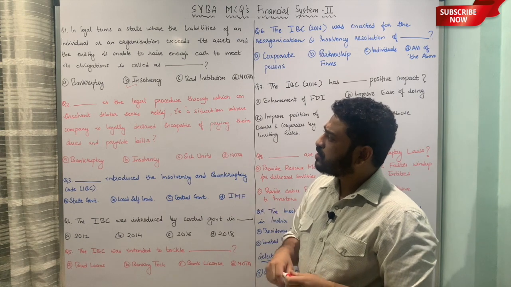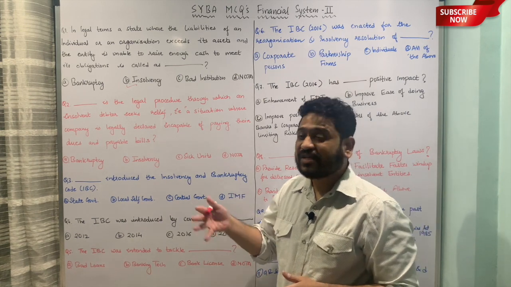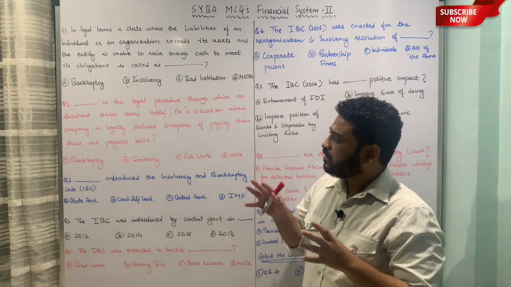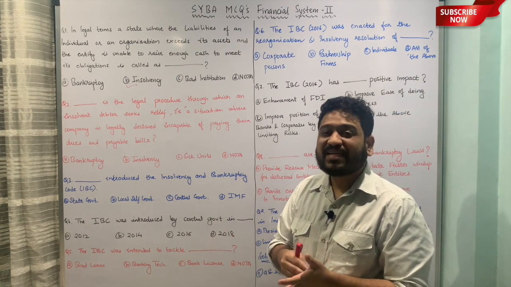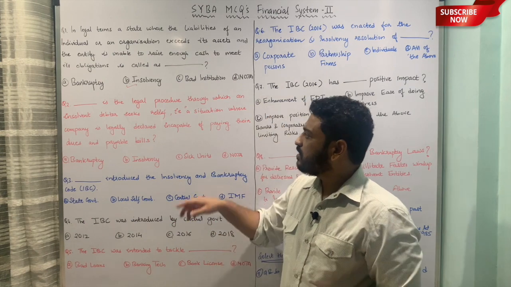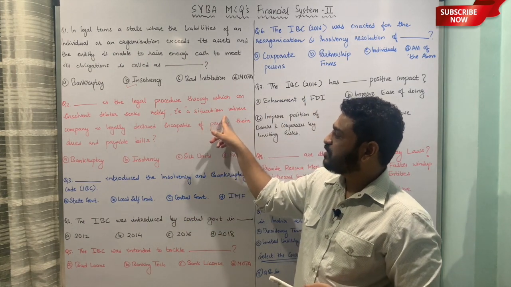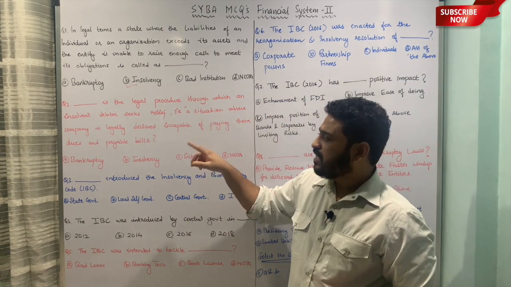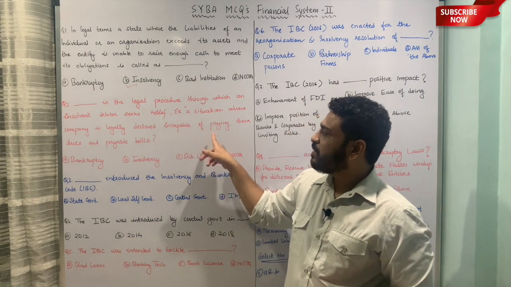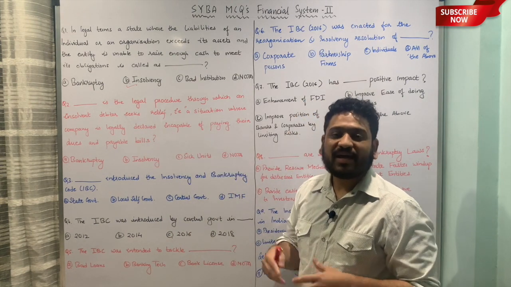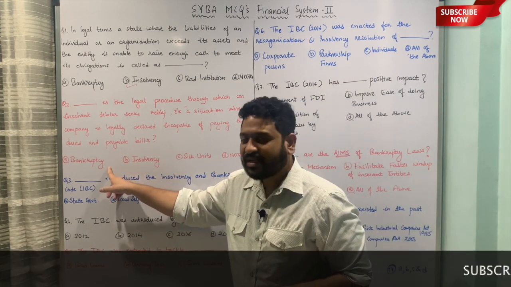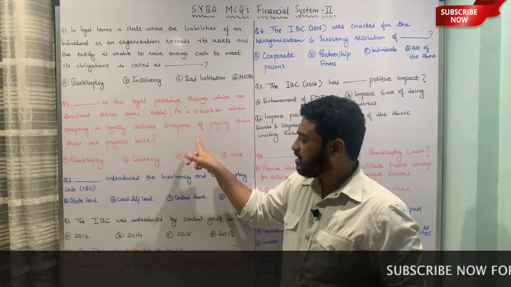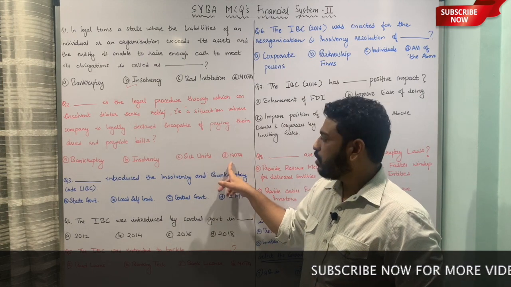So what do you call such a legal proceeding wherein the debtor declares himself or herself as insolvent and seeks relief, or where the company is legally declared incapable of paying their dues or any other payable bills? Is it A, bankruptcy, B, insolvency, C, sick unit, or D, none of the above?